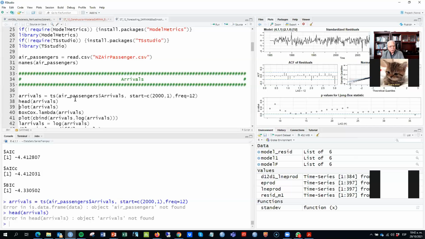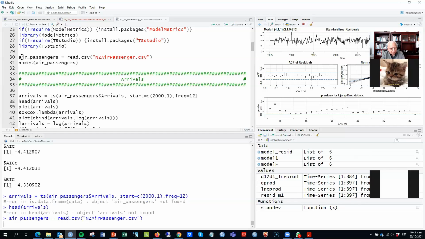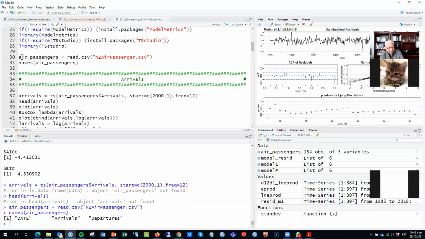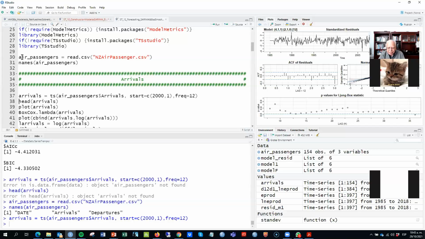Okay, I need to analyze the arrivals series and find a model. You need to do the analysis and the forecast, splitting the data, a forecast of the last 12 periods. And let me read the file. Here it is. It has the date, arrivals, departures, and it's monthly data. And the series has 154 observations.